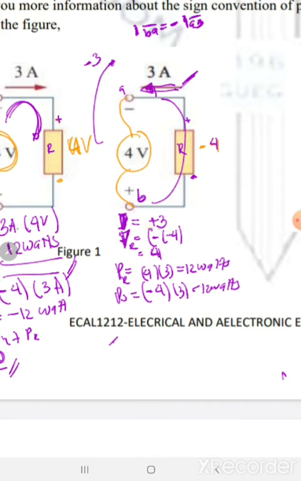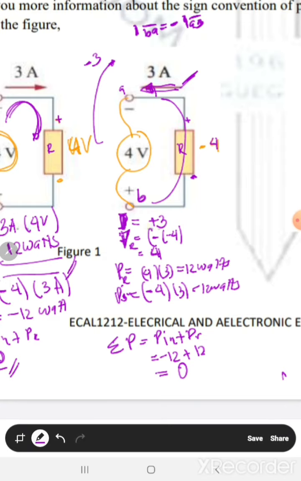The summation of our P is equal to P in plus PR. But our P in is equal to negative 12 and our PR is equal to positive 12. Therefore, our summation of P is 0. So, this indicates the conservation of energy. Whatever goes in should also be what comes out.